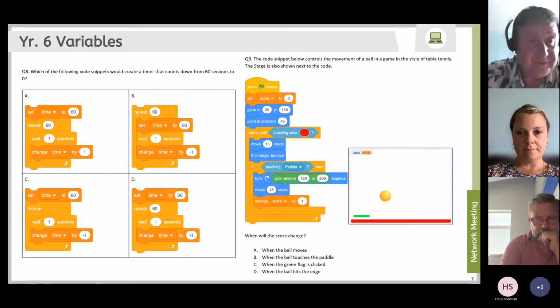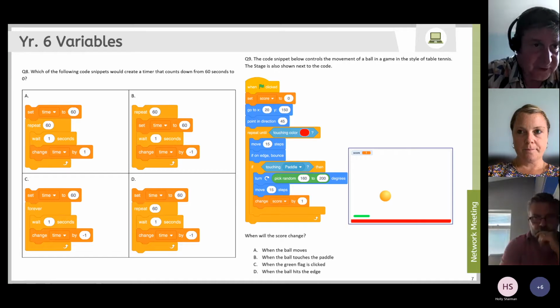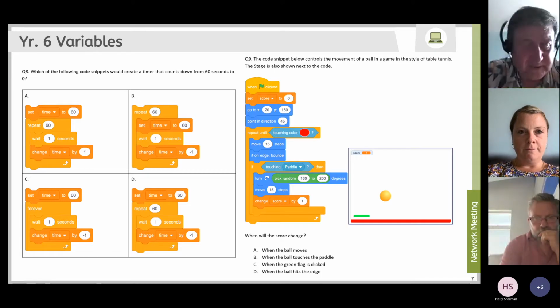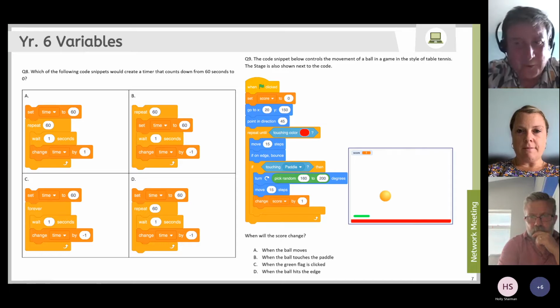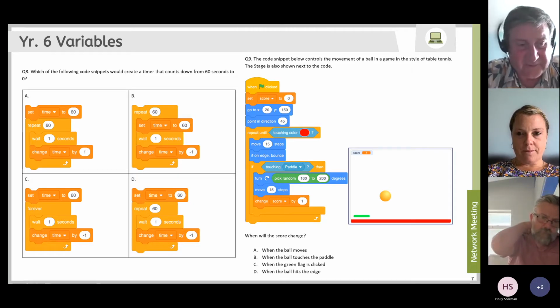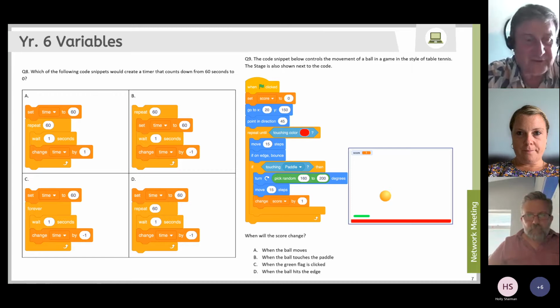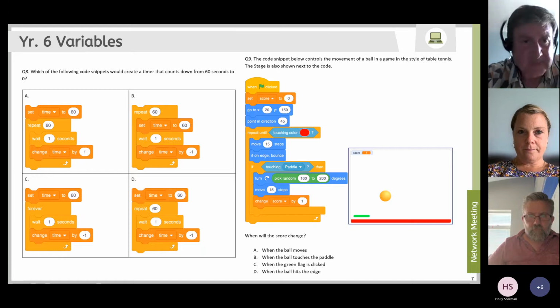Again, that could go in children's portfolios, or as a top, middle, and working towards sample for your class floor book, etc. It's just really pointing out these resources are available, and it might be something to build in for the future, the assessment aspect of computing.